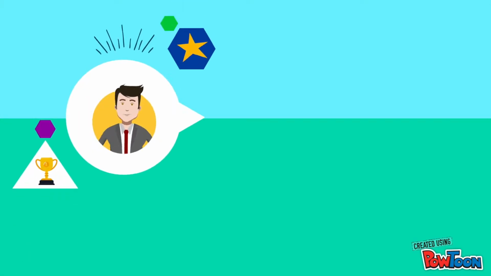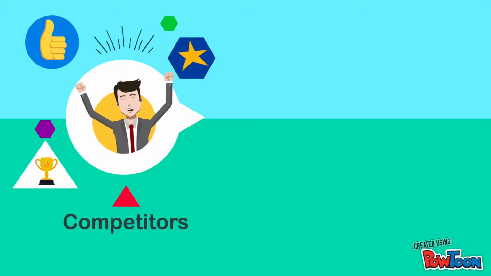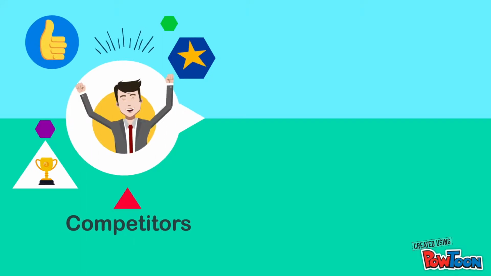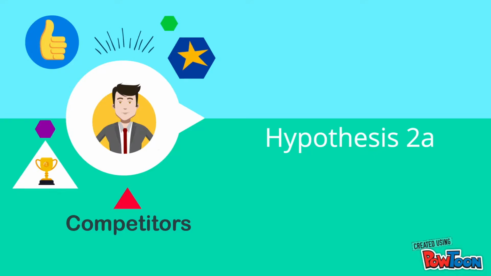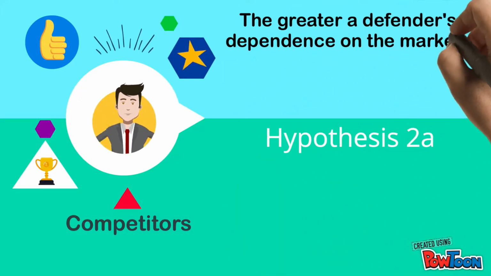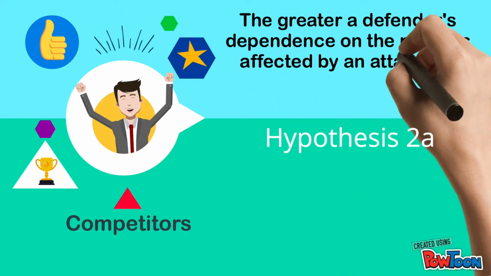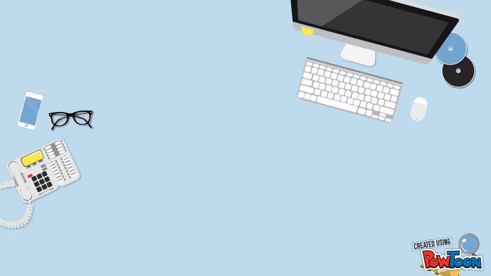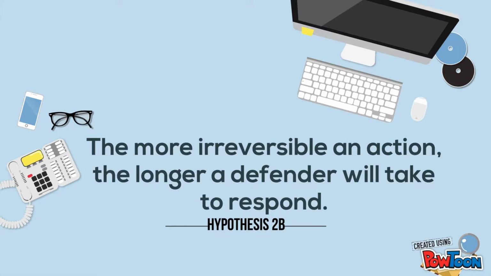First, it is likely that competitors will hasten to defend markets they depend on. Hypothesis 2a. The greater a defender's dependence on the markets affected by an attacker's action, the quicker its response will be. Second, Hypothesis 2b. The more irreversible an action, the longer a defender will take to respond.